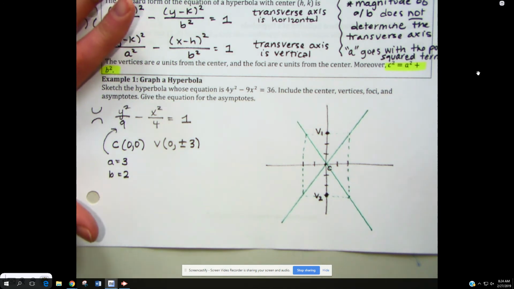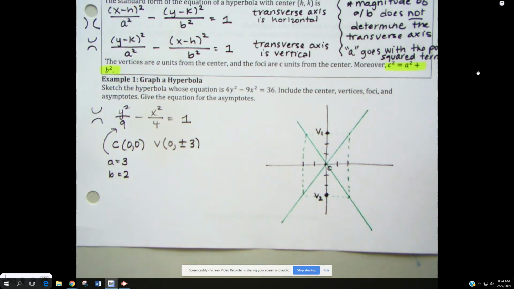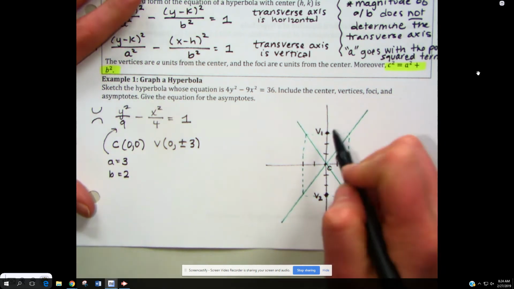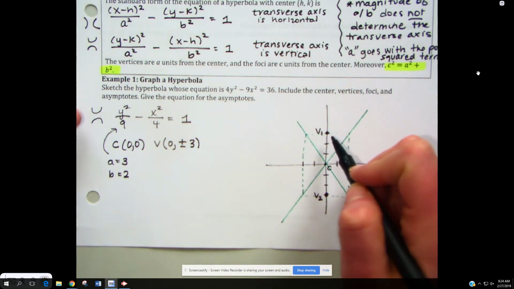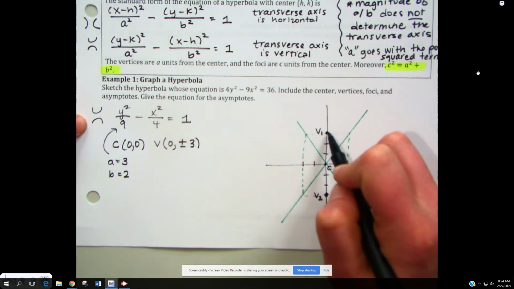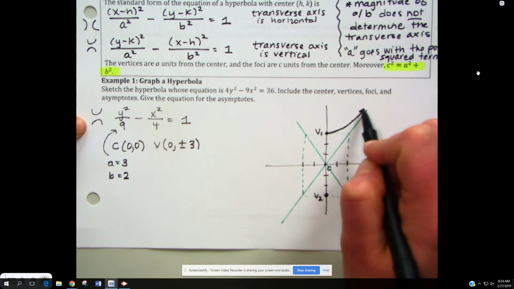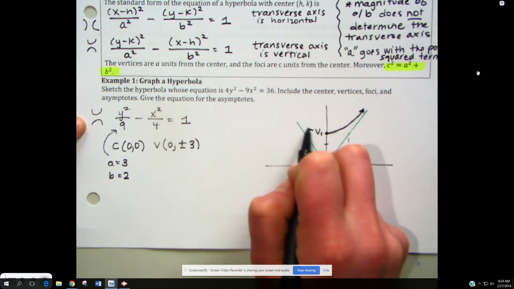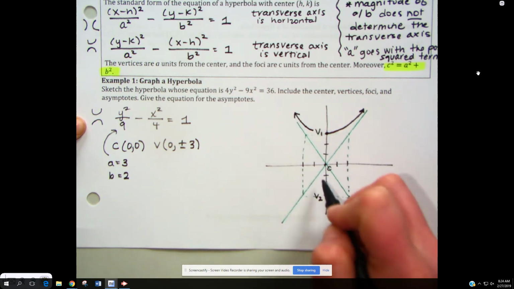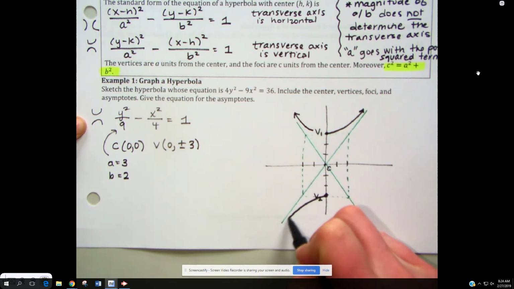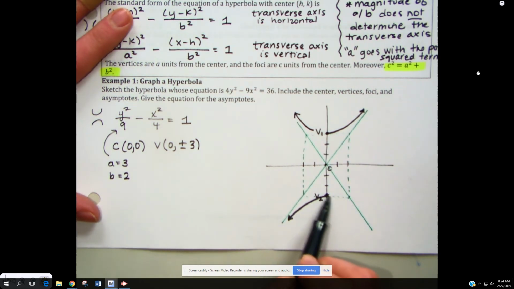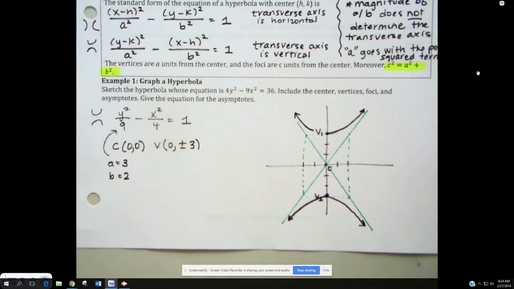And let's see. Now I'm ready to sketch in my hyperbola. My vertex, right? I know it opens up and down. I found my vertex, and I'm just going to sketch it so that my hyperbola opens and runs alongside those asymptotes. And I'll do it again down here. It opens up and runs alongside the asymptotes.